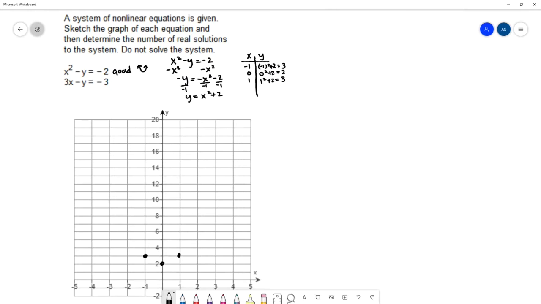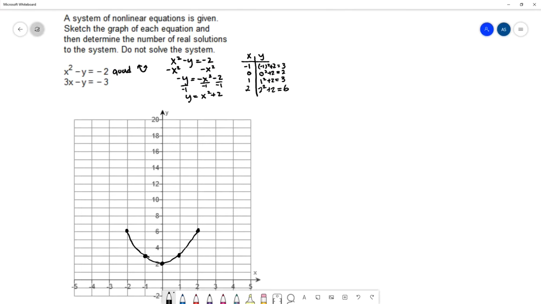So that's the beginning of my parabola. If I want to get a little bit more of it, I can substitute in a 2. 2 squared plus 2, that's 4 plus 2, which is 6. So 2, 6. I'm also going to have -2, 6. I'm going to stop there for now, and I'm going to see where my other equation is.